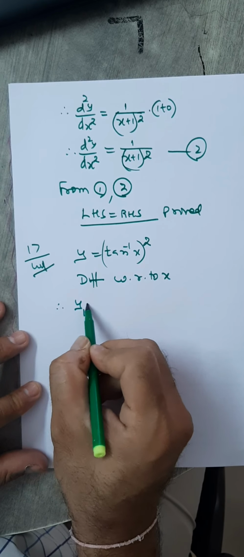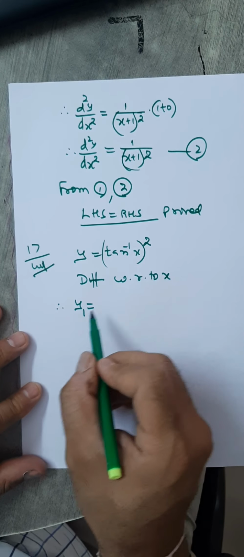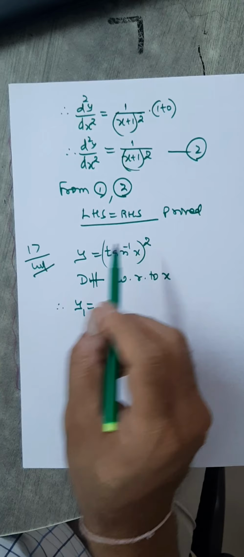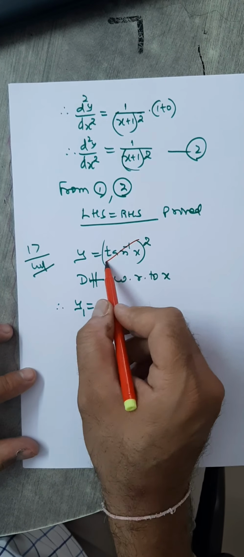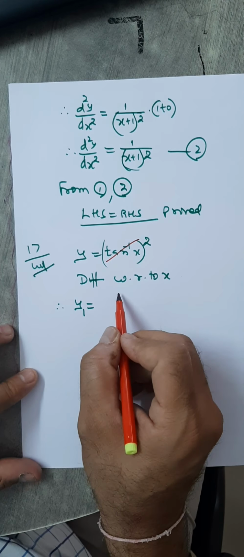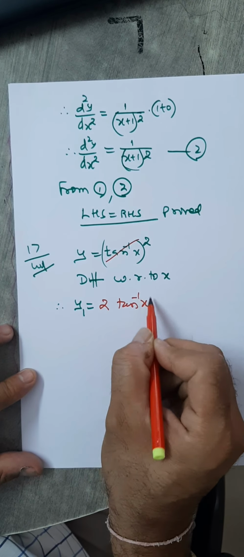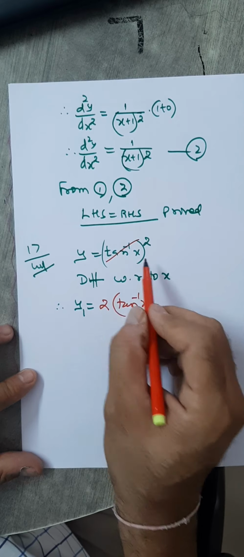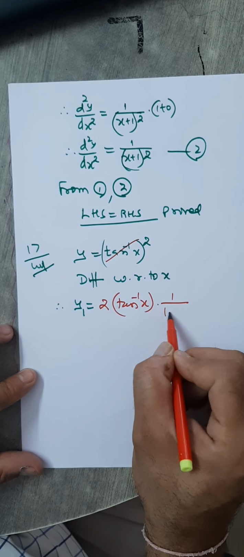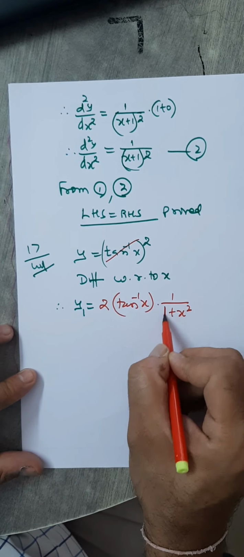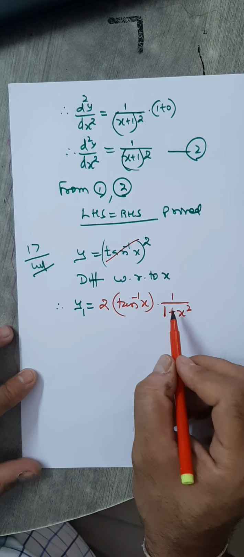So y1 equals derivative of y with respect to x. Imagine this bracket as x, so this looks like x squared. What is derivative of x squared? You know, 2x, into, by chain rule, derivative of tan inverse x, which is 1 upon 1 plus x squared. Remember, you have used the chain rule here.